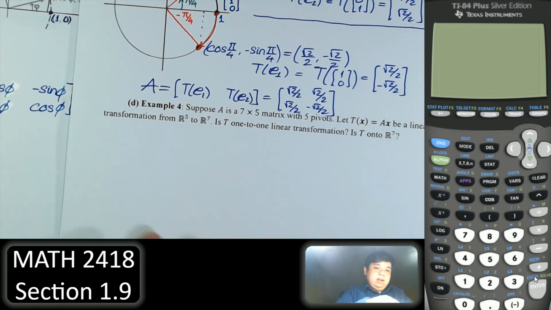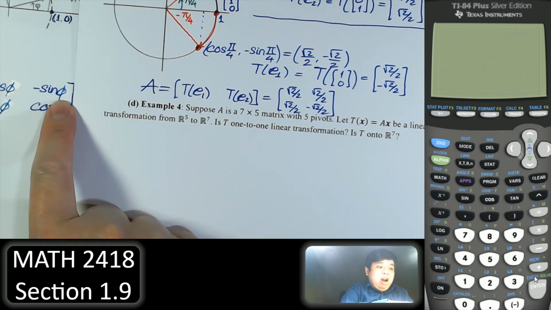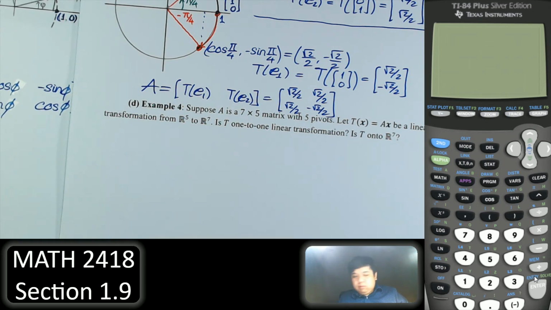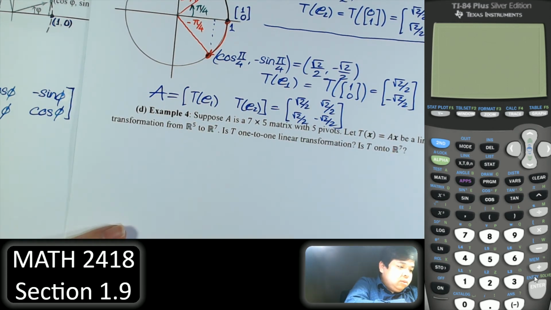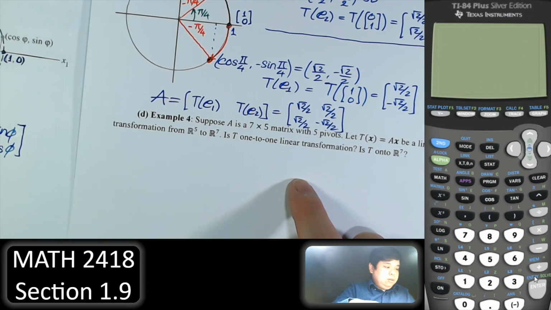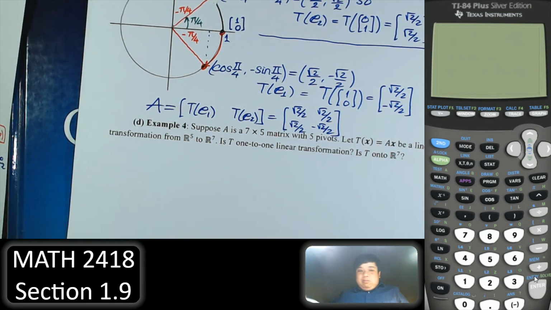And we end up with that. Now, if you substitute negative pi over 4 into it, let me check again.